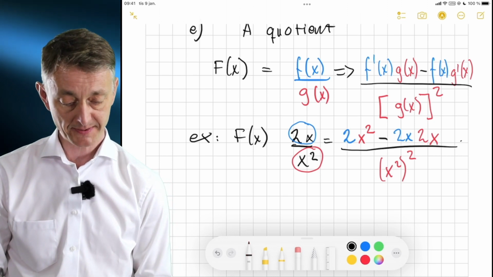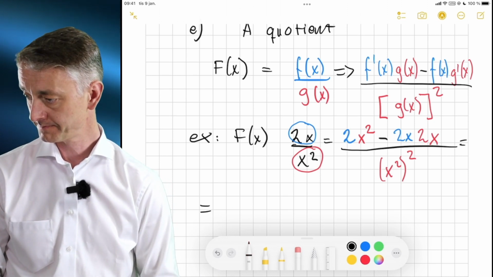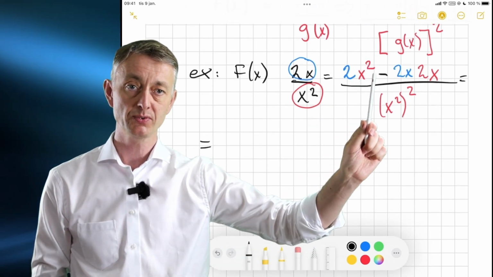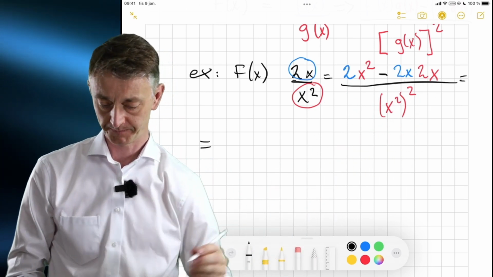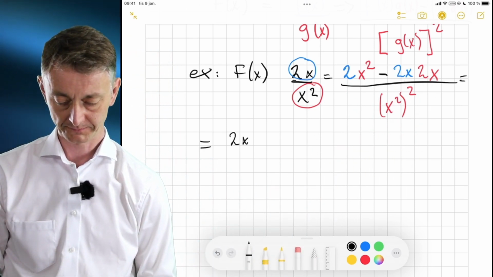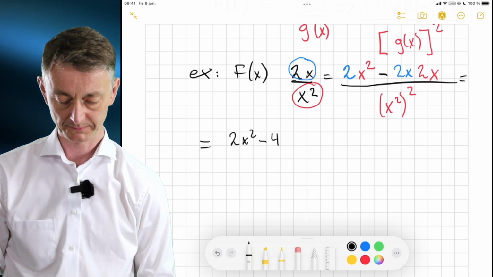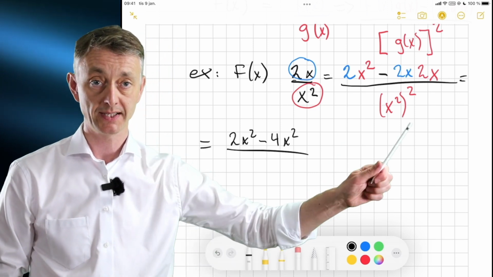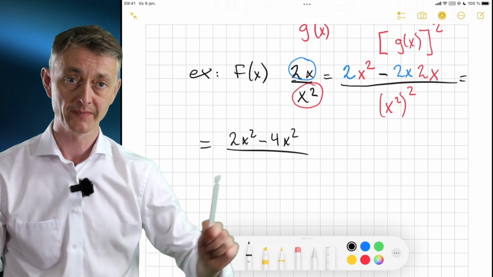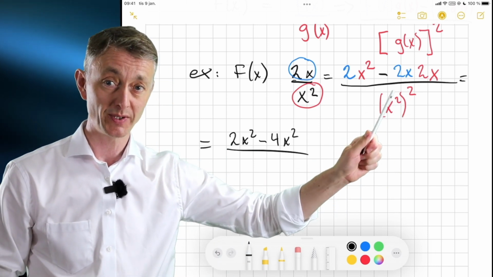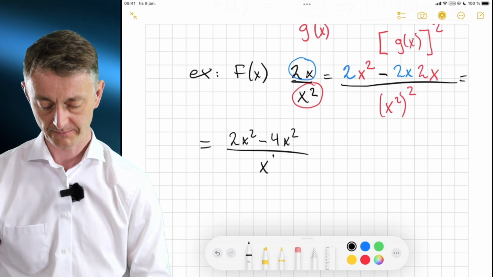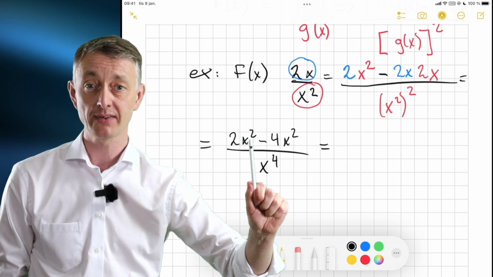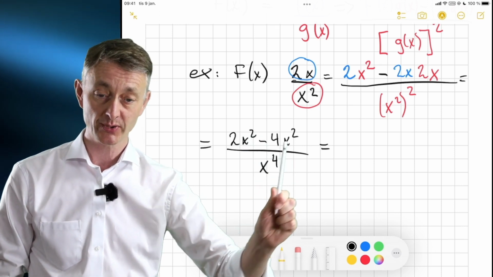And we can simplify this as the following. Here we have 2x squared minus 4x squared, divided by x to the power of 4, right? X squared to the power of 2, that's 2 times 2 is 4. And we can simplify this a bit. So here we have 2x squared minus 4x squared.